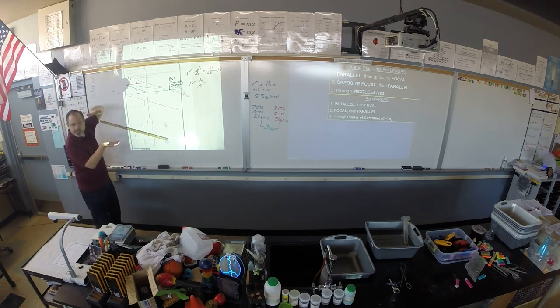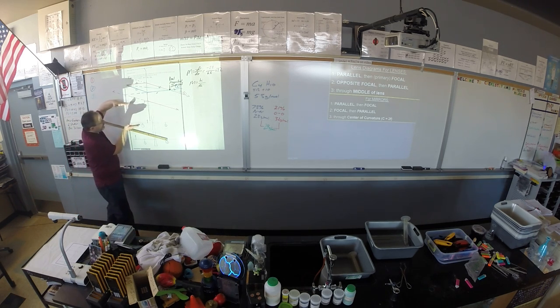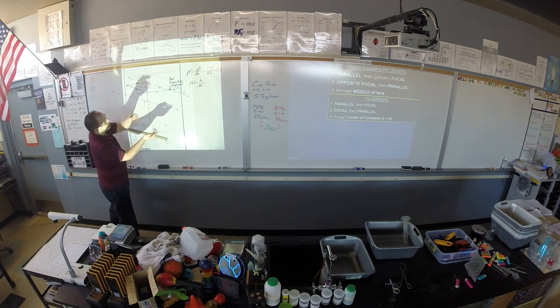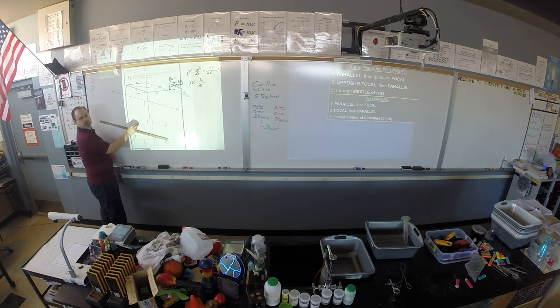So for a converging lens, the rays come through and they converge on this side. And they move towards the fat part of the lens. Make sense? Yeah. Okay. For a diverging lens, the rays come in and they diverge on this side, so that means they trace back and converge to this side.